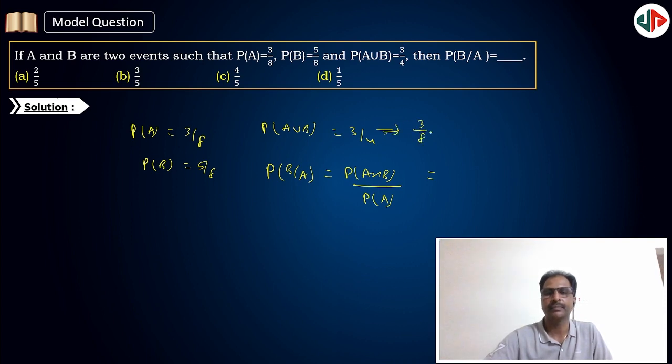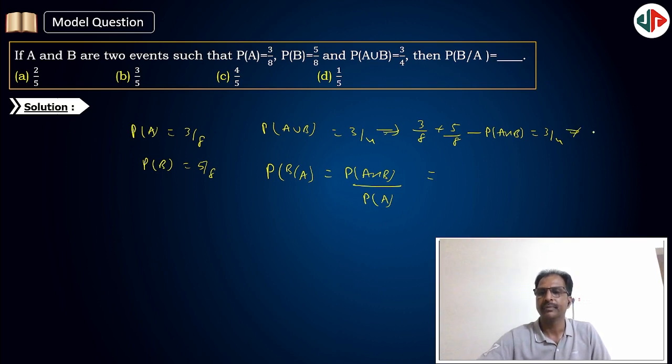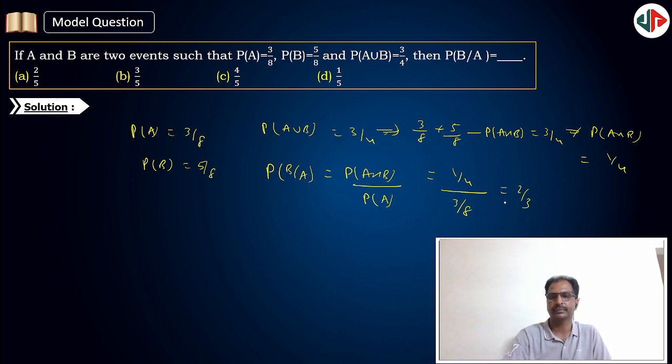P of A plus P of B minus P of A intersection B, which is given as 3 by 4. From this, P of A intersection B is equal to 3 by 8 plus 5 by 8, which is 8 by 8, 1, minus 3 by 4, which is 1 by 4. So this is 1 by 4 by 3 by 8, which is 2 by 3. 2 by 3 is the correct answer.